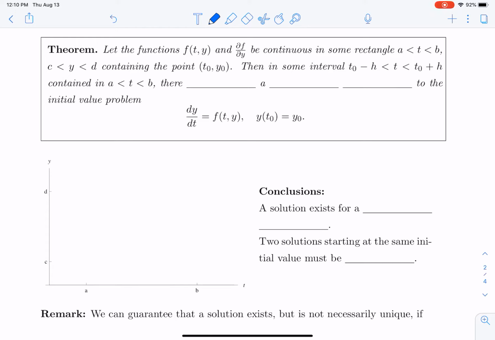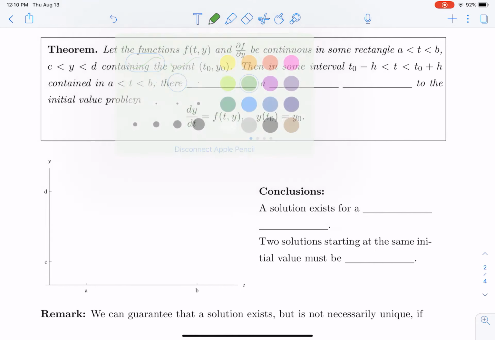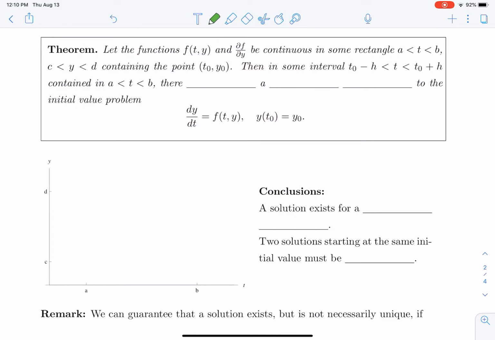Let me specify what this rectangle is going to be. We're going to look at t being between a and b, and we're going to look at y being between c and d.